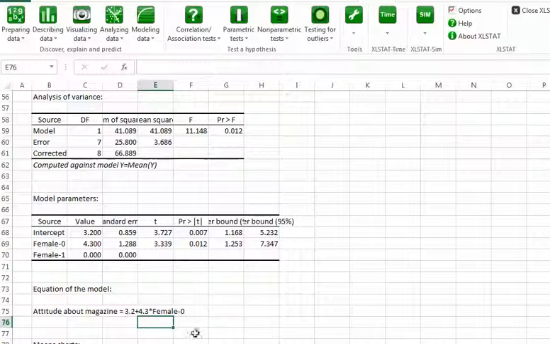We had 3.2 plus 4.3. Now if we had a woman, the prediction would be they would rate the magazine on average as a 3.2, because this effect, female equals 0, would be 0, because female equals 1. So that's how the predictions in simple linear regressions work. Okay, catch you later.